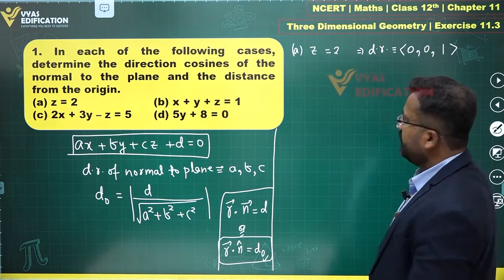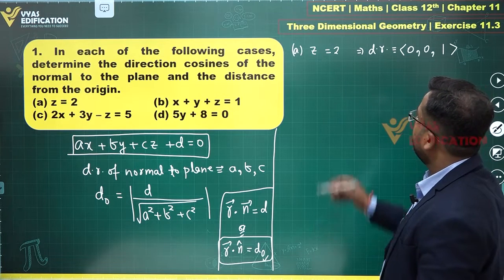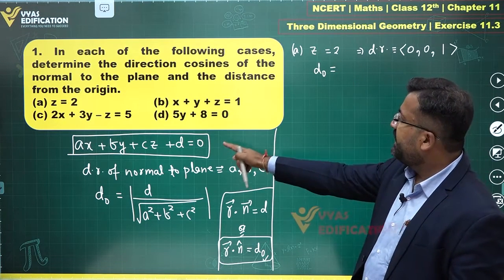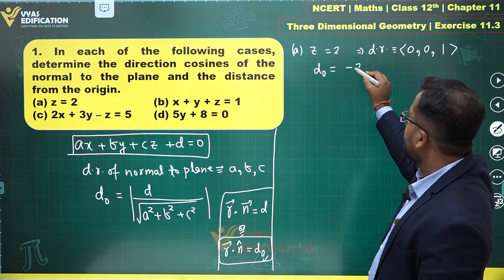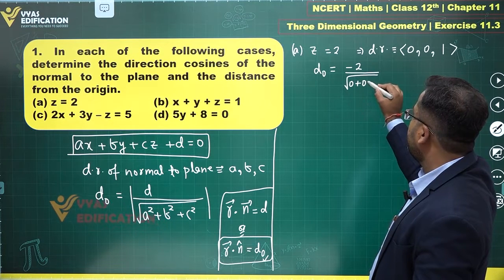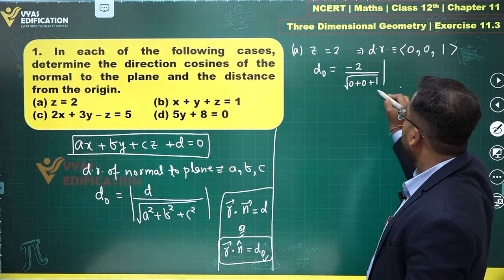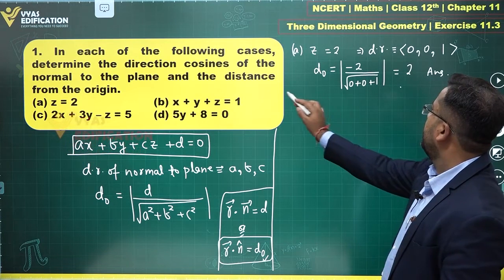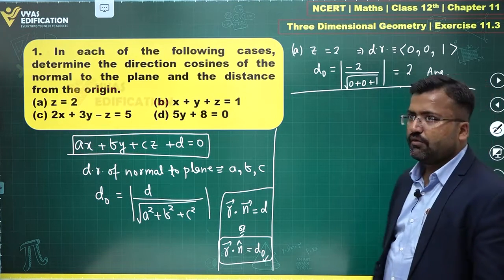These will be the direction ratios of the normal. Distance from the origin will be simply d, which is minus 2 upon under root of 0 plus 0 plus 1 with a modulus. What is that? That's simply 2. That's my answer for this part A, as you can see over here.